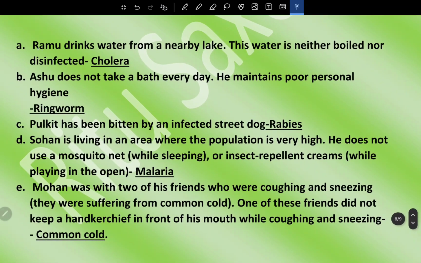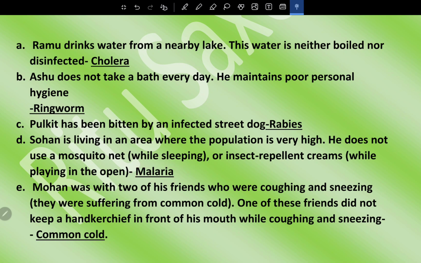So in this case, Ramu is drinking water from a nearby lake, which is neither boiled nor disinfected, so he may suffer from cholera. Ashu does not take a bath every day and maintains poor personal hygiene. Ringworm will affect him. Pulkit has been bitten by an infected street dog. He might suffer from rabies. Sohan is living in an area where the population is very high. He does not use a mosquito net while sleeping or insect repellent creams while playing in the open.